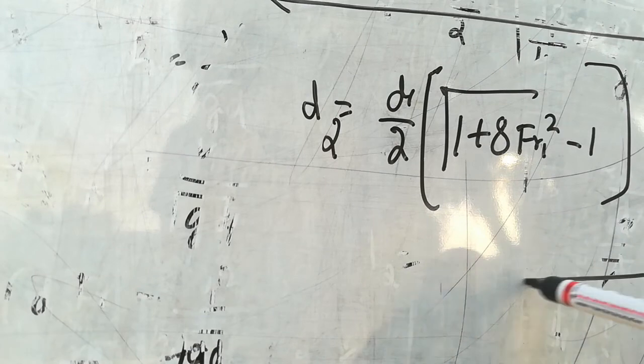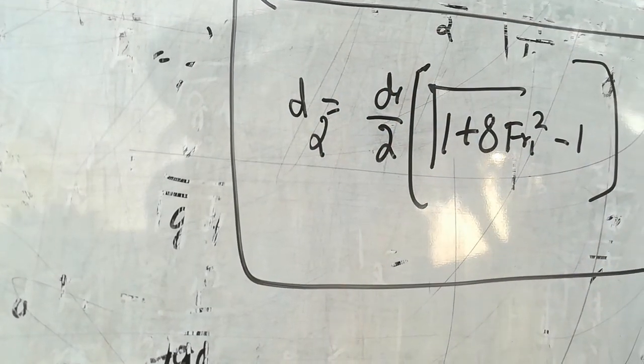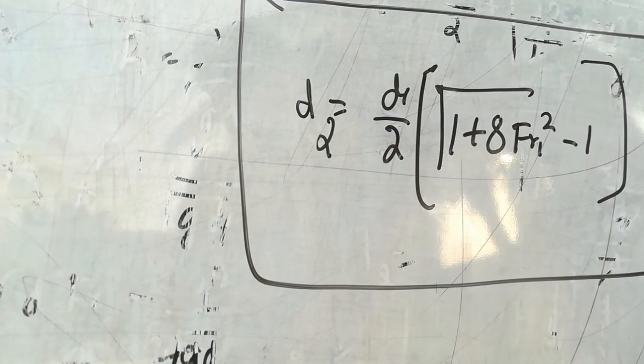This is the depth of hydraulic jump due to Froude number. So this is the equation, and the depth of hydraulic jump we can calculate.